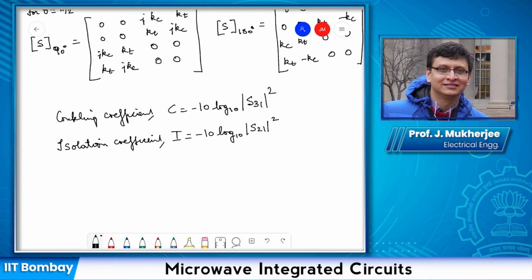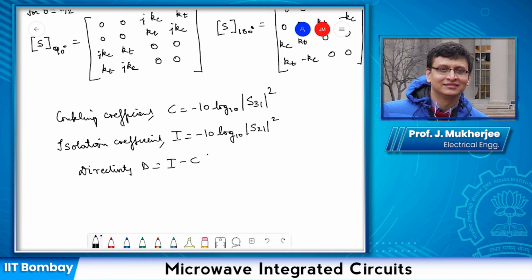So another coefficient is known as directivity. D is given by I minus C. It's like if isolation is very good, then directivity is high.